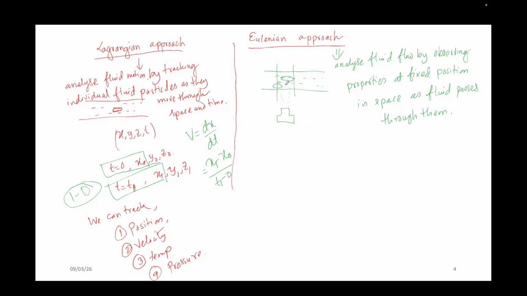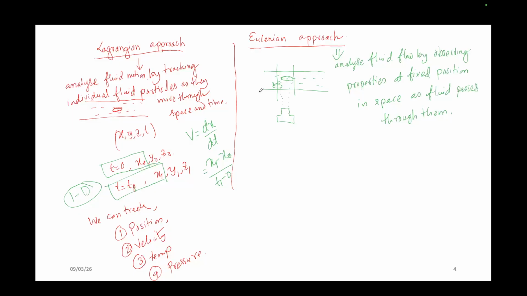In these cases, as our motto is only this fixed position, the property of each and every particle will be different. Say this is particle 1 and this is particle 2. What may be the velocity of particle 1 and what may be the velocity of particle 2? It will be different. In some cases it may be the same, but that is very rare.